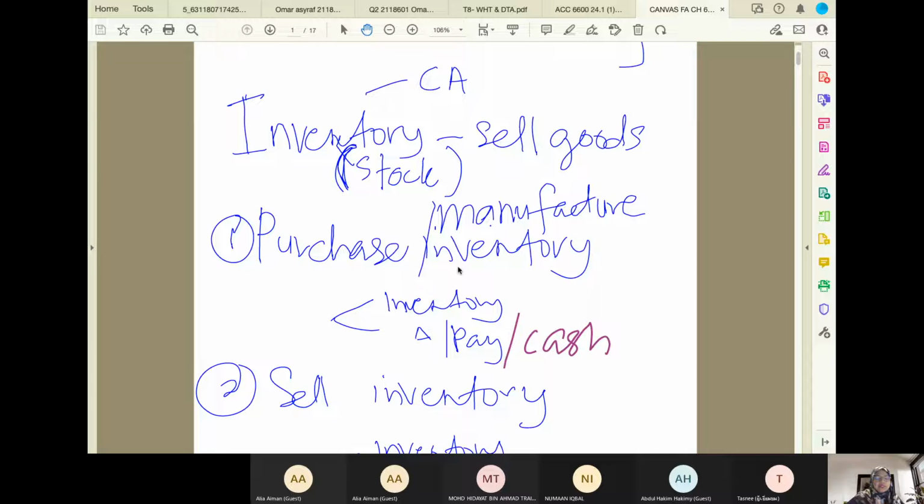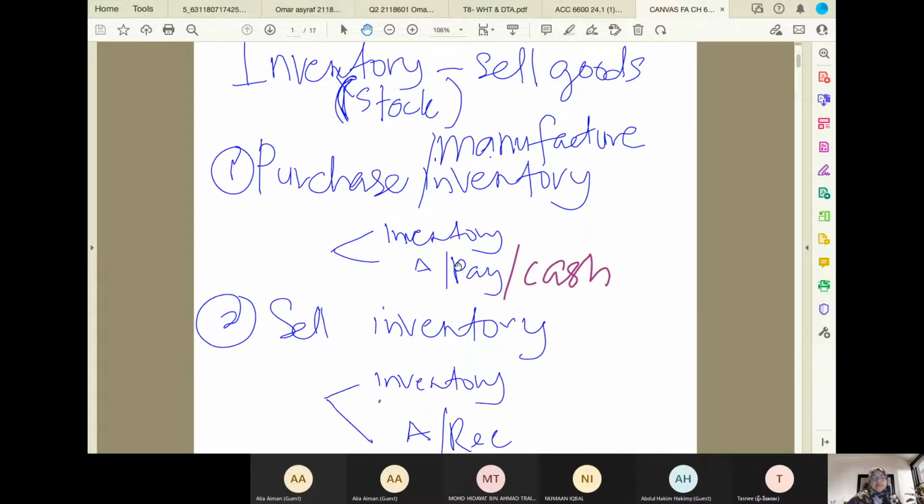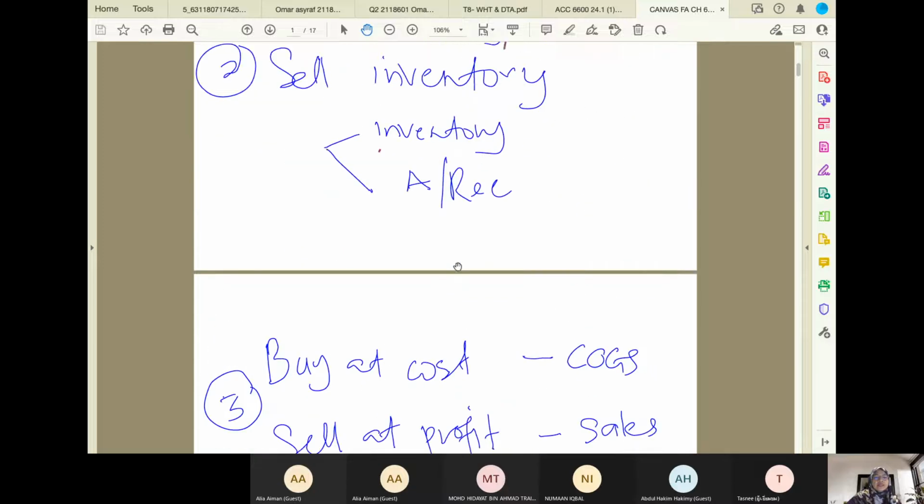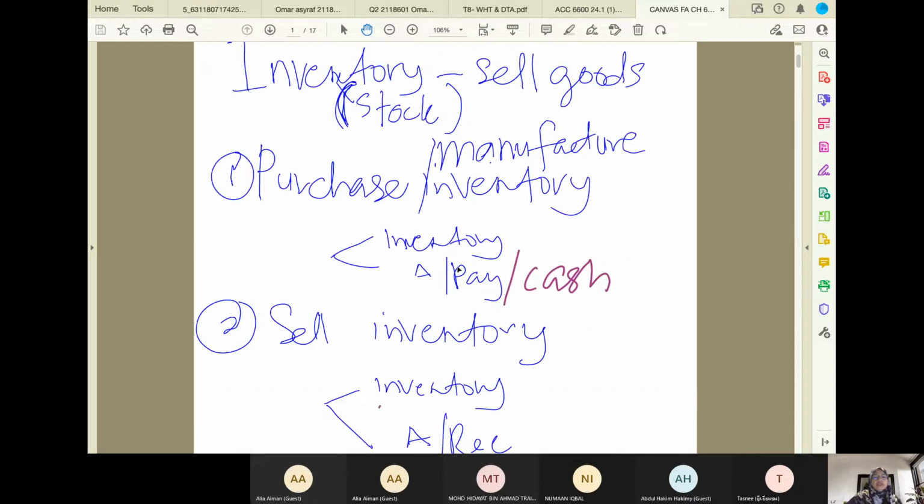Okay, so when you say inventory here, we are going to look at the journal transactions or journal entries that you have to record when a company purchases goods and later sells the goods to the customer. When a company purchases goods, these are the normal transactions to do.